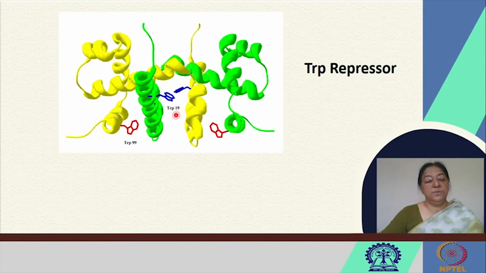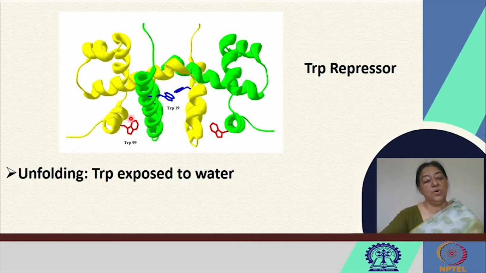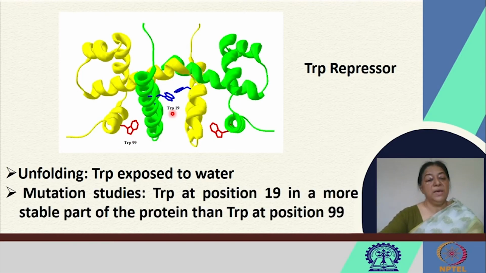A knowledge of the tryptophan repressor tells us that there are 2 tryptophans per monomeric unit. One of these tryptophans, as we can see marked in blue here, is buried in this structure, and the other is located relatively on the surface. So the tryptophan exposure to water can also be monitored if we do a mutation study, whereby a single mutation will change the tryptophan residue present, say, in position 19, and tell us which tryptophan is actually in the more stable part of the protein in comparison to the other, which we see from this particular diagram.